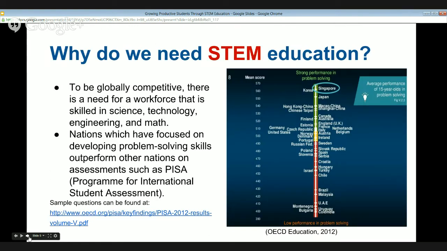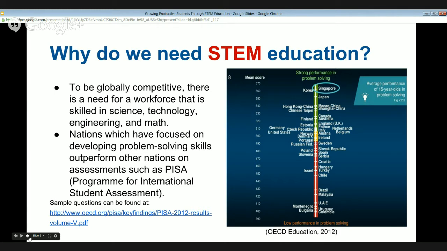Okay, so why do we need STEM education? The graphic that I'm showing you is from the PISA assessment. It is the assessment that is done by the Organization for Economic Cooperation and Development. If you look at the slide, you'll see that the students with strong performances in problem solving typically have a different type of curriculum than our students that have the lower scores. And we're going to talk about that.